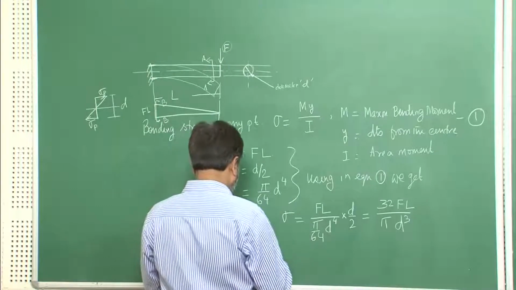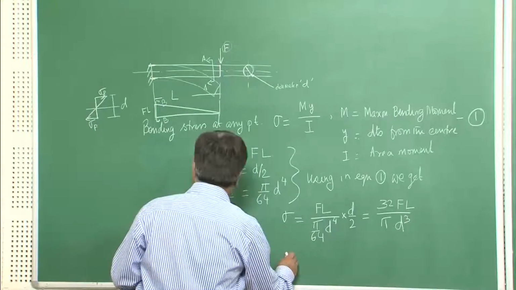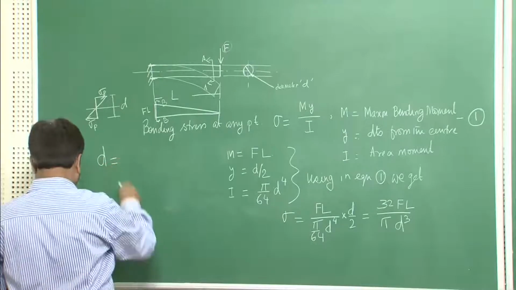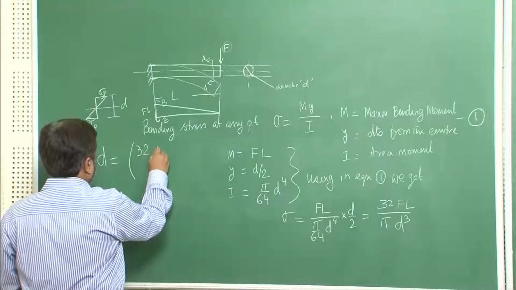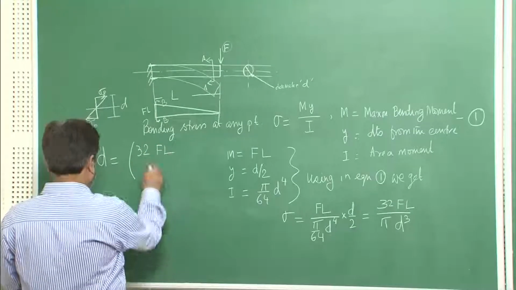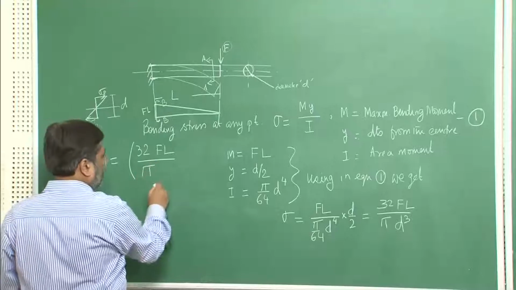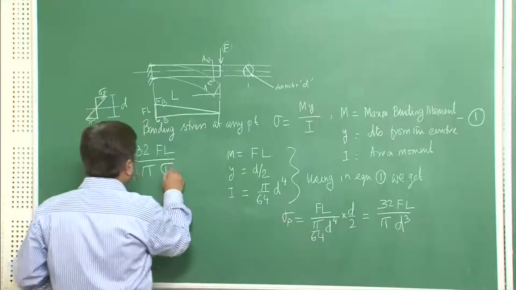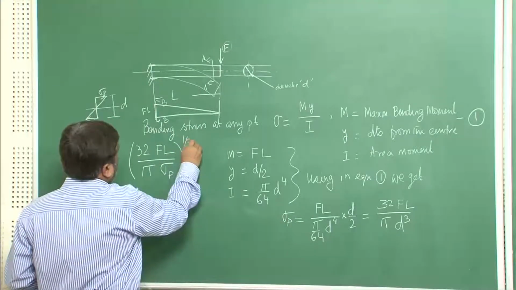In other words, I can write the equation here, which will be useful for us further: d equals 32 FL over pi sigma, this is the sigma peak, to the power 1/3.